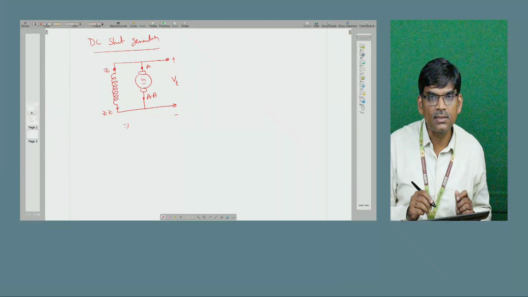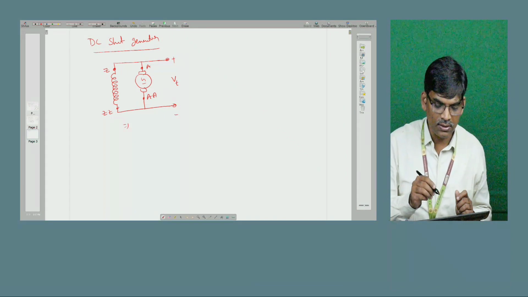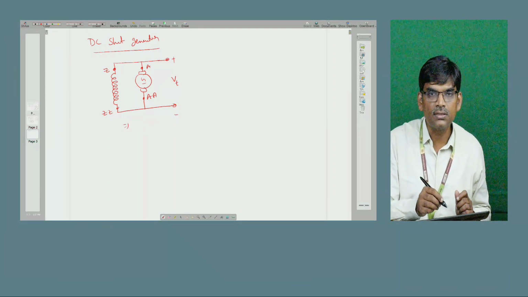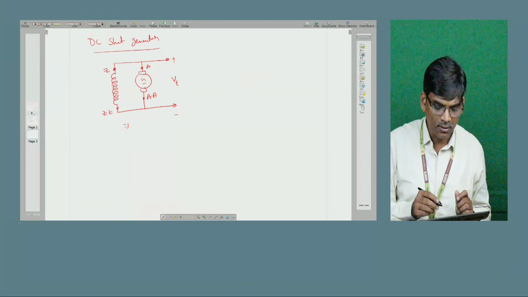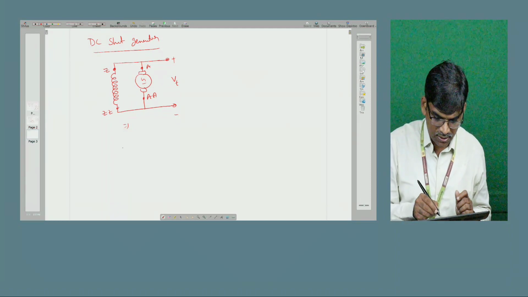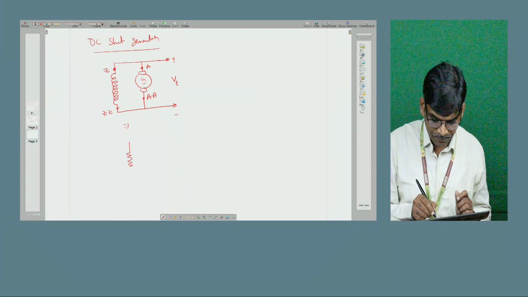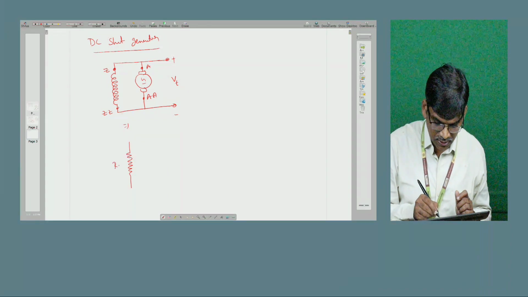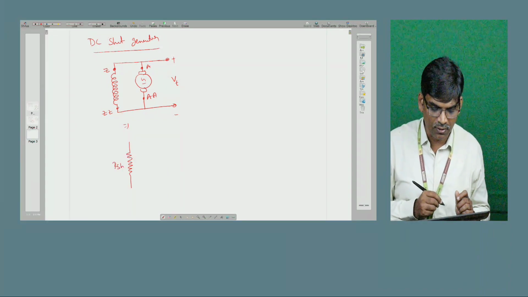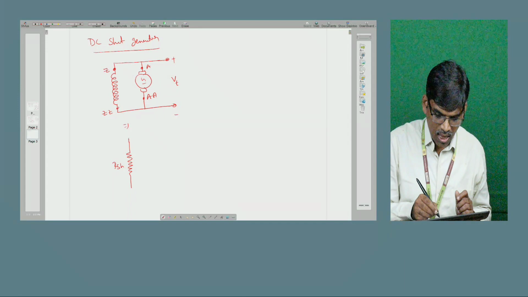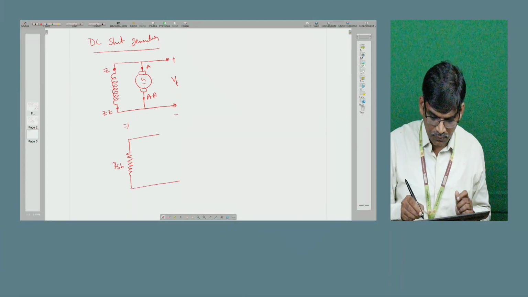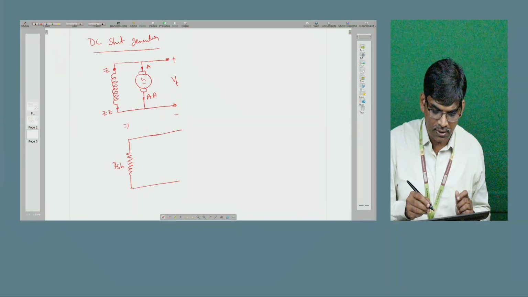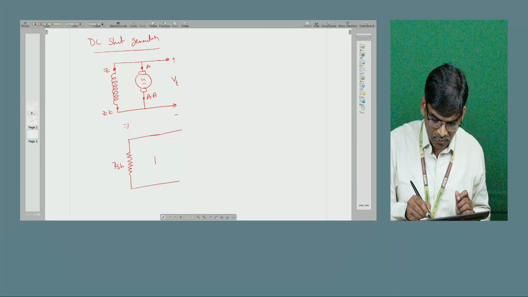I already told you that in the steady state and in DC analysis, the shunt field winding offers only resistance, under steady state conditions. In the analysis it offers a resistance called RSH. And in the armature winding, the voltage is actually developed. Why?